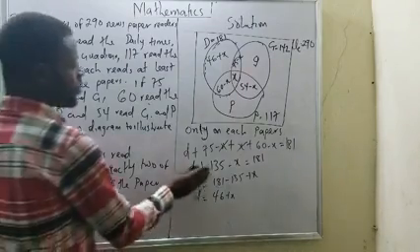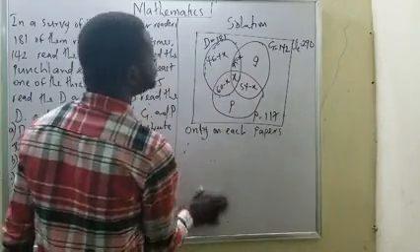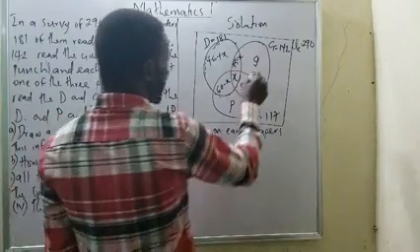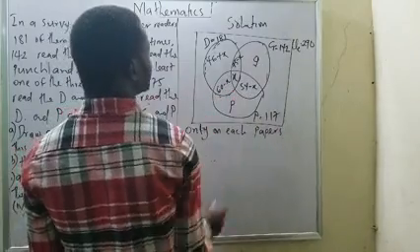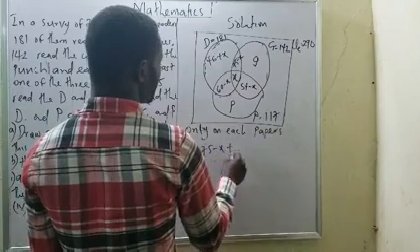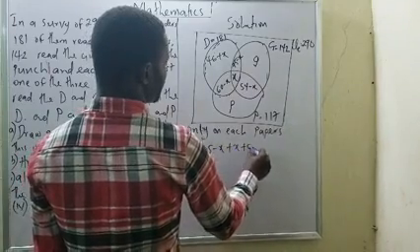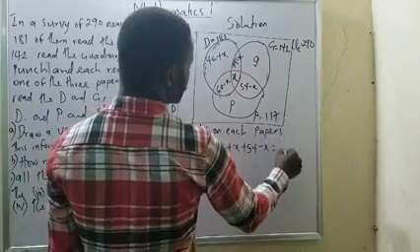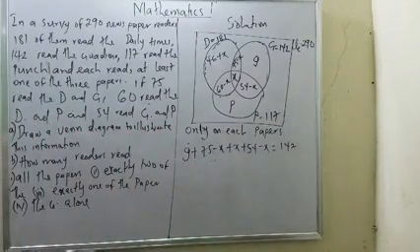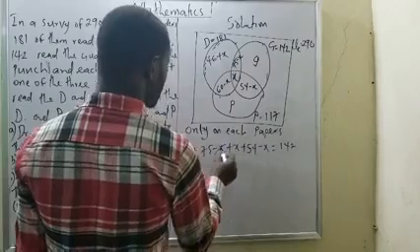I can also do the same thing for only G. I will add up everything there, equals the total number of G: G plus 75 minus X plus X plus 54 minus X equals 142. That gives 129, and the X's cancel.